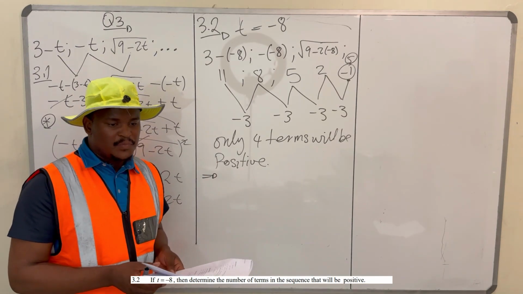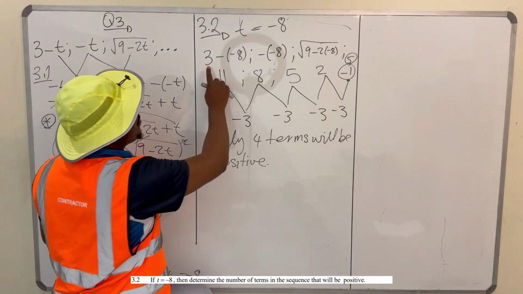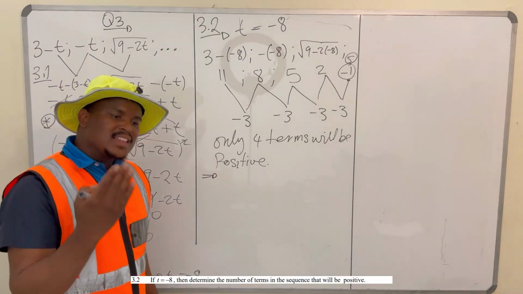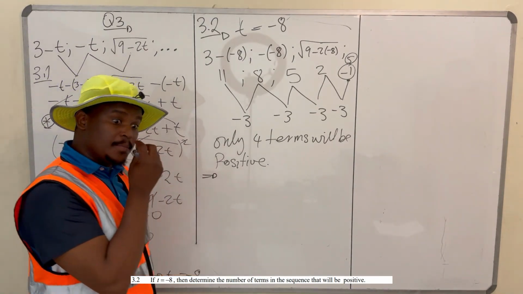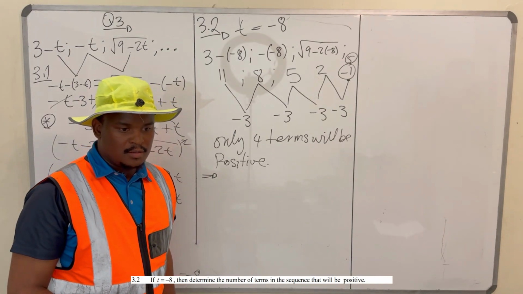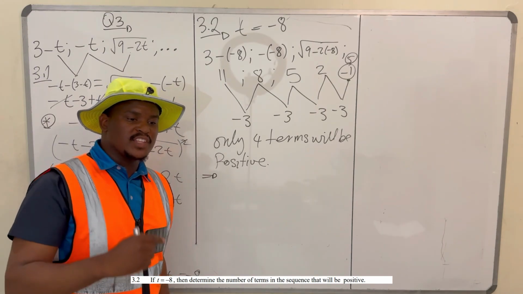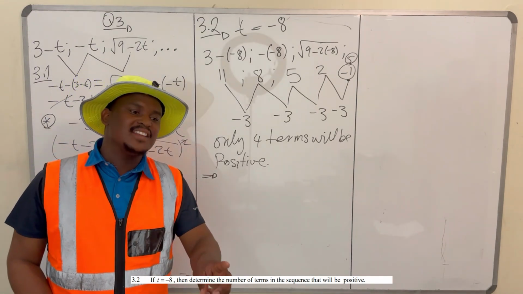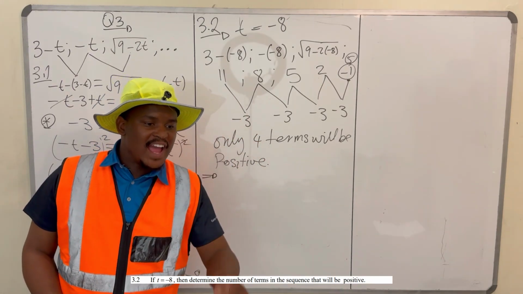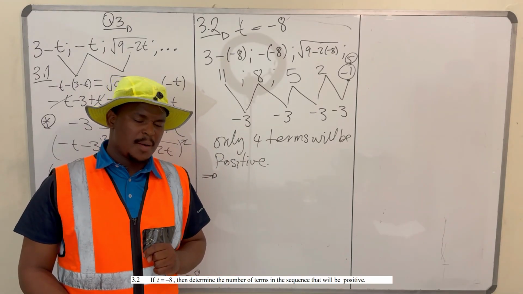What represents the number of terms of the sequence? It's the general term. Your Tn represents all the terms of the sequence. So what you need to find is the Tn of this sequence, and find for which values of n that Tn will be positive.